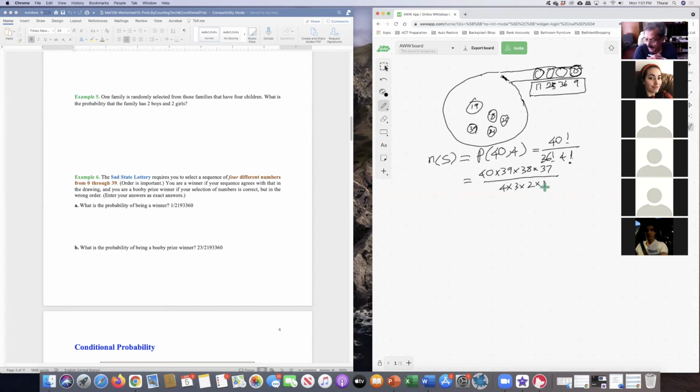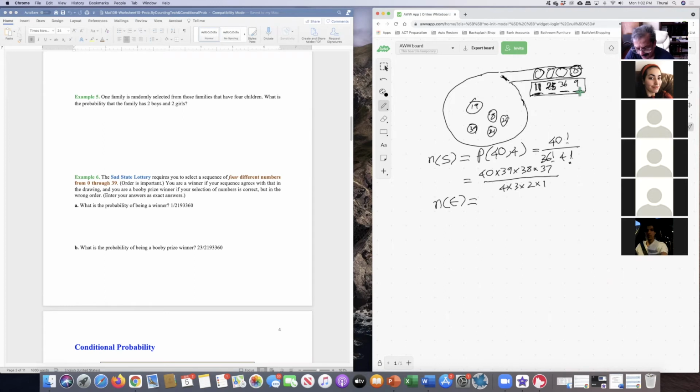But my question is, out of all these elements, how many will make you a winner? In other words, how many elements are in the event of winning? 4, why 4? Because there's going to be 4 numbers selected out of the 40. I just explained to you in this example up here that if the winning number from the drawing would be 11, 25, 36, and 9, then you had to have exactly those numbers in that order to win, right?